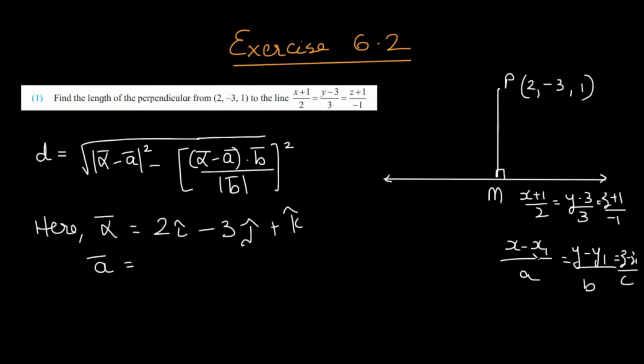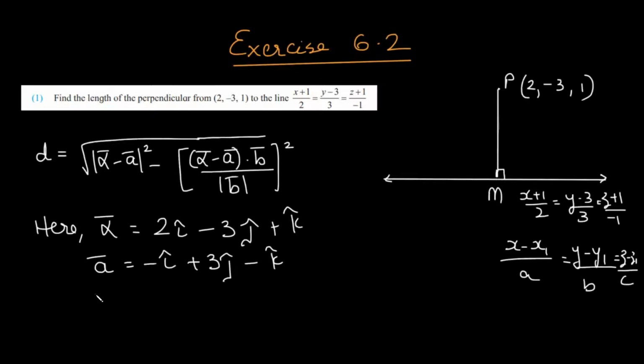So in this case, a bar is equal to x1, y1, z1, which becomes minus i plus 3j minus k. This becomes our a bar in this case.